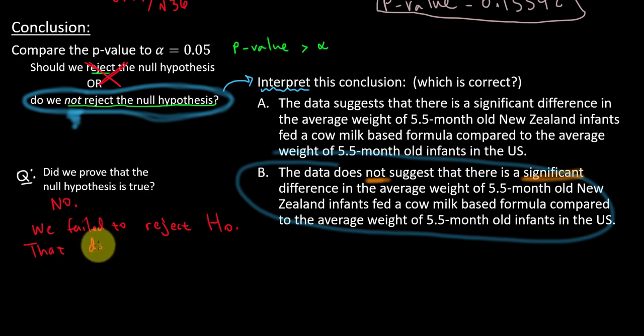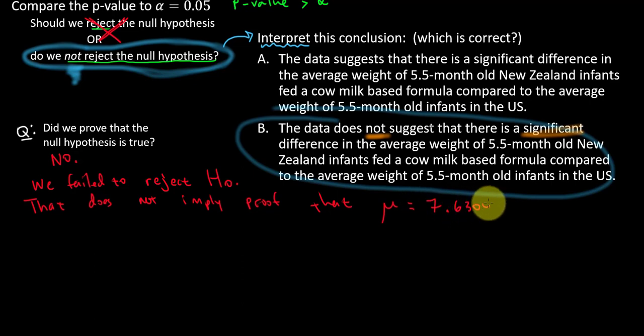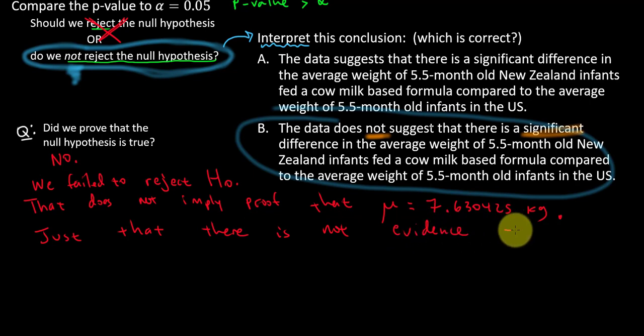This does not imply proof that the mean weight for the infants in New Zealand is 7.630425 kilograms. That does not imply proof that this is true, but just that there is not enough evidence to suggest otherwise.